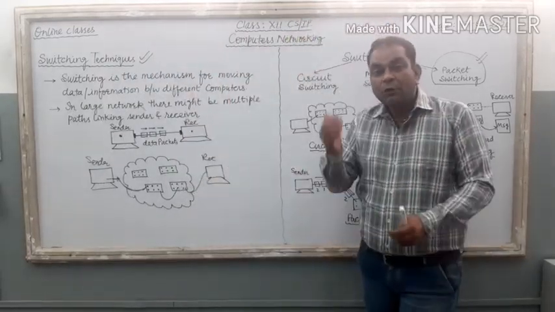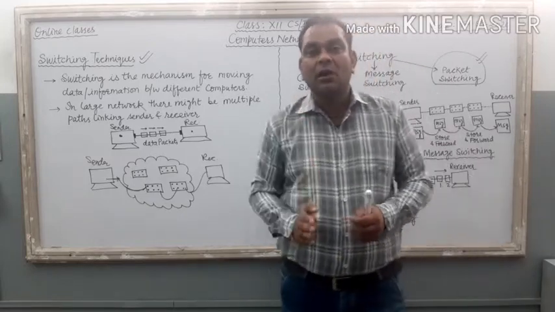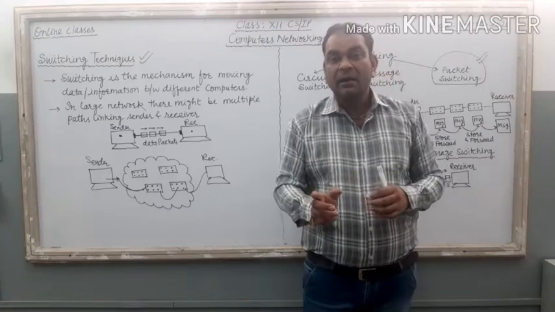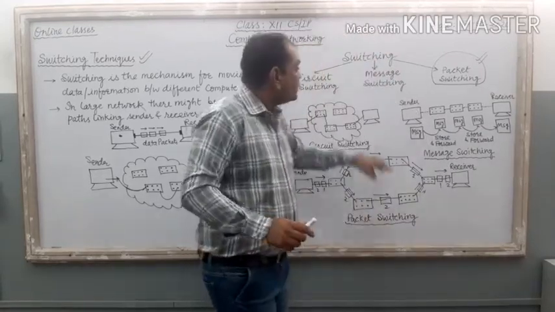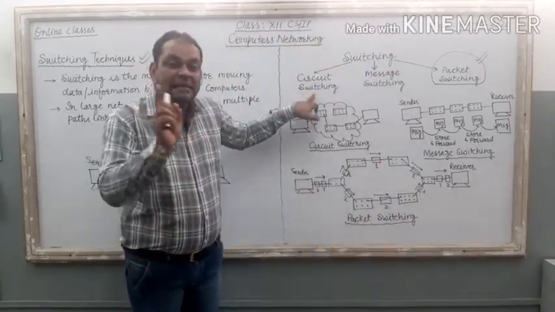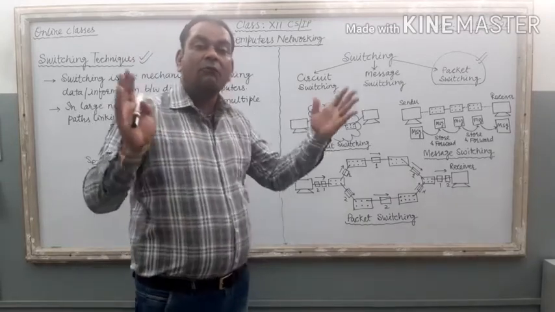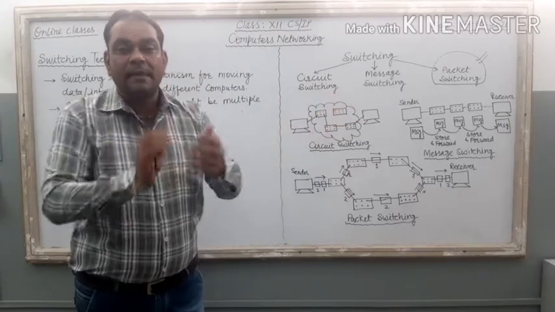Suppose you are going to make a voice call from your mobile to your friend's mobile. In a voice call, the circuit switching technique is applicable. With the help of circuit switching, your voice call takes place.